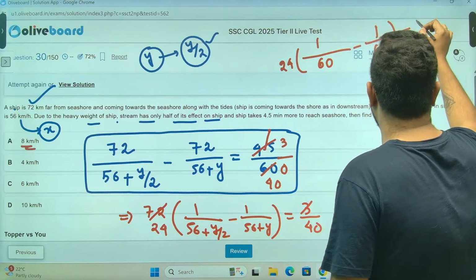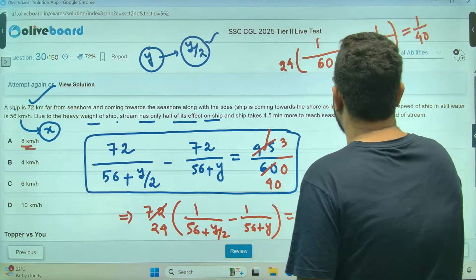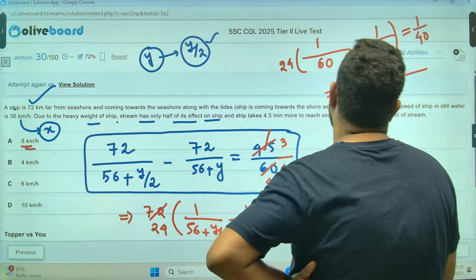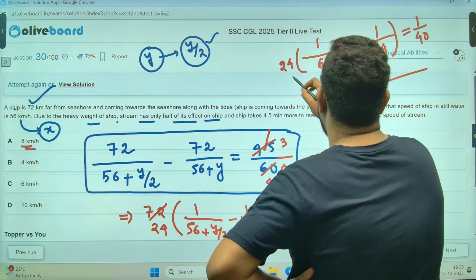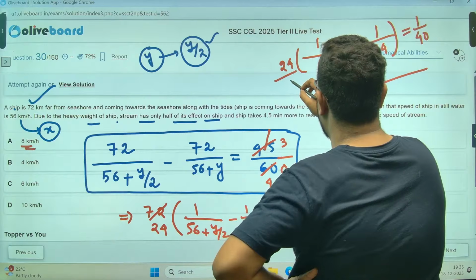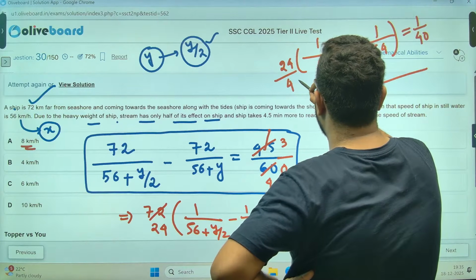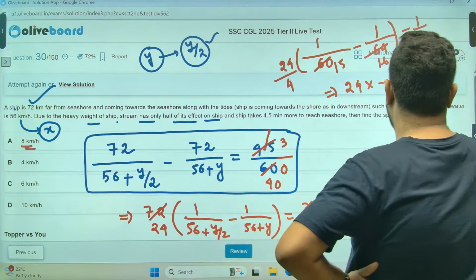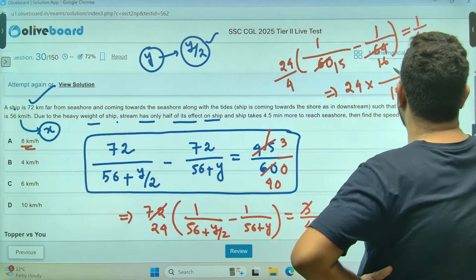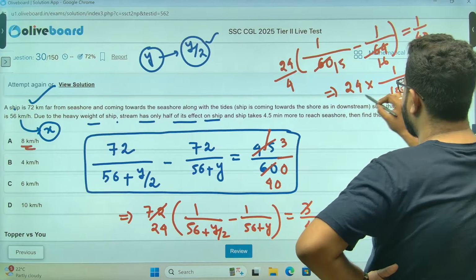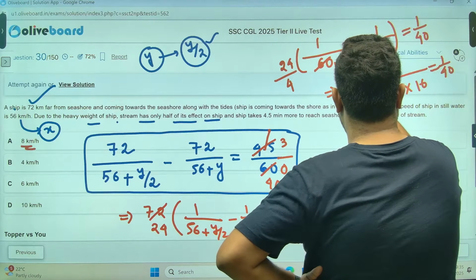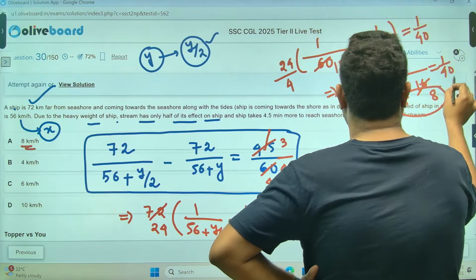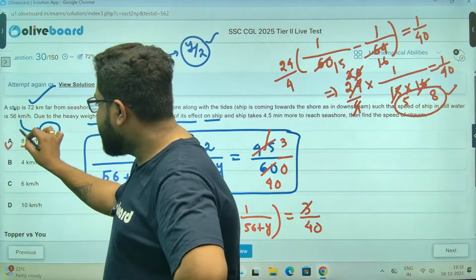That is equal to 1 divided by 40. 24 into, if I take 4, so this is 15, this is 16. This is 1, 3, 5, 2, 8. 5 8s are 40. 8 is the correct answer. It's matching.